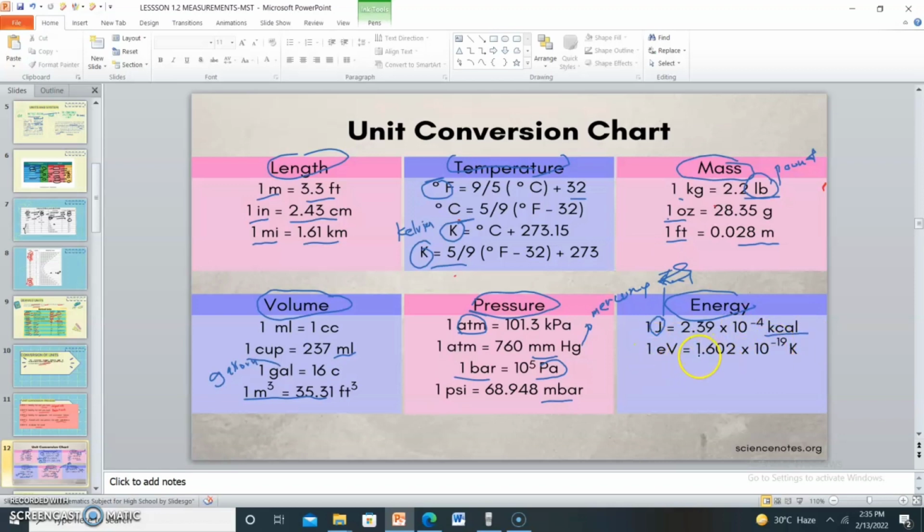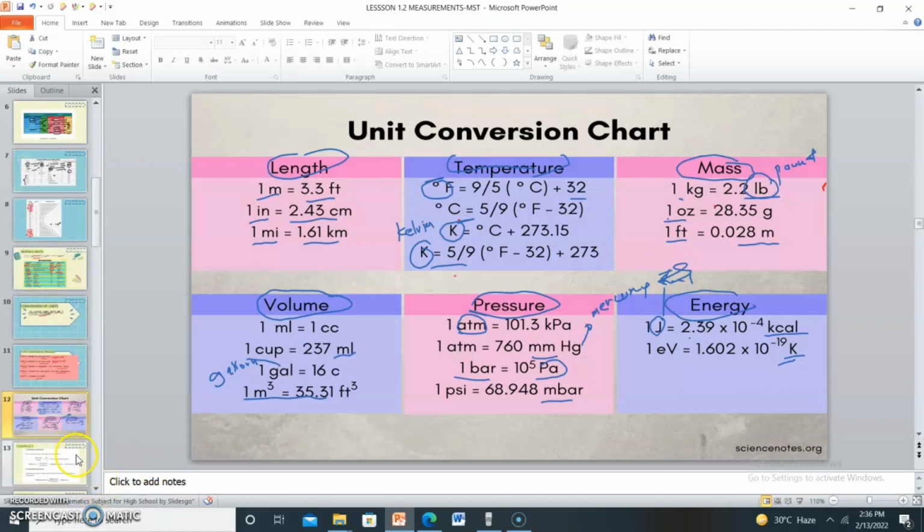And 1 electron volt equals 1.602 times 10 raised to negative 19 joule. So those are examples of a conversion chart. Also in your book, there is a chart on page 8, examples of conversion of units. You base on that how to convert any amount of numbers.